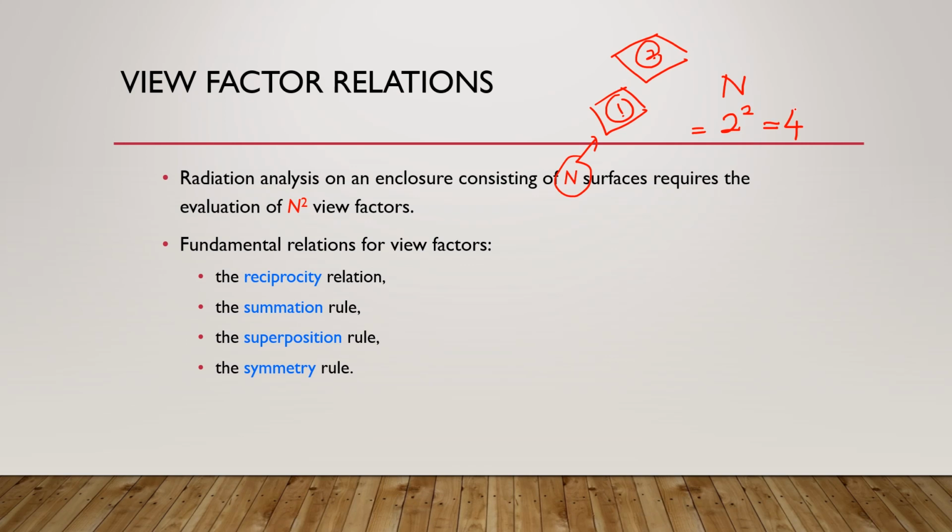No, not necessarily. Maybe you have to find all 4 view factors, or maybe you may use fundamental relations for view factors. Sorry, I've already explained the reciprocity relation before going to this slide. The first fundamental relation is the reciprocity relation.